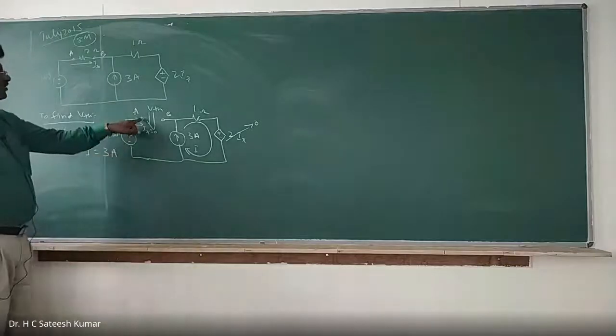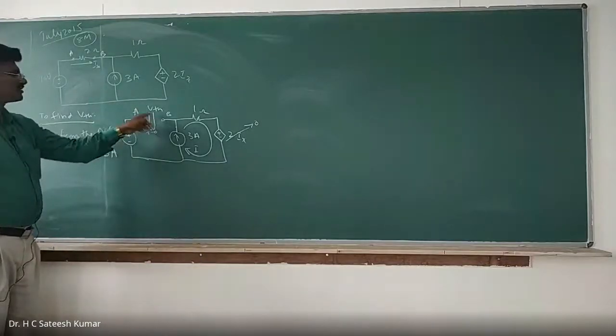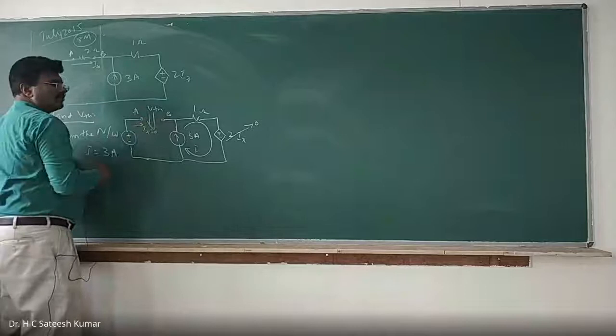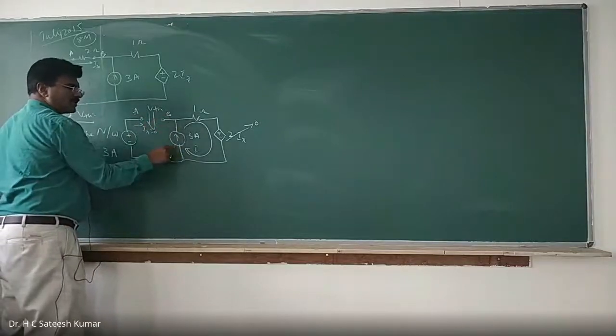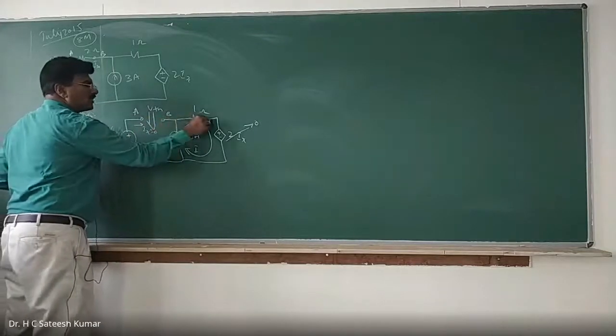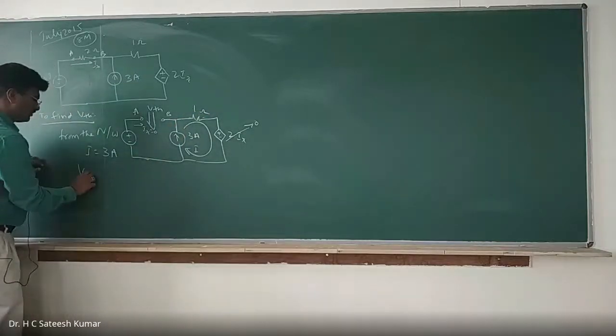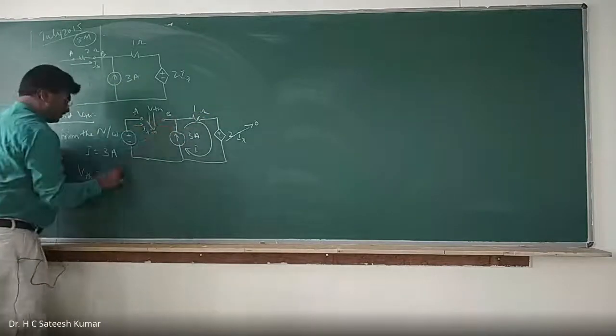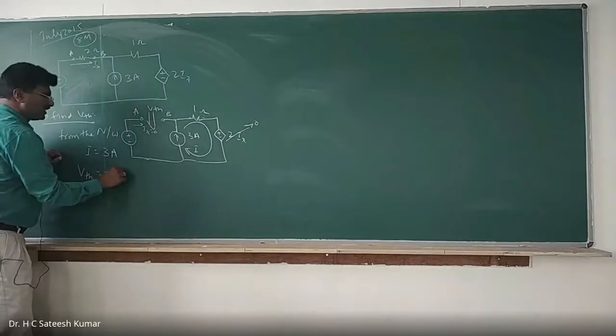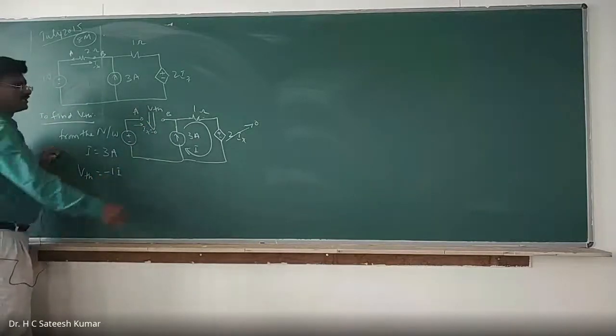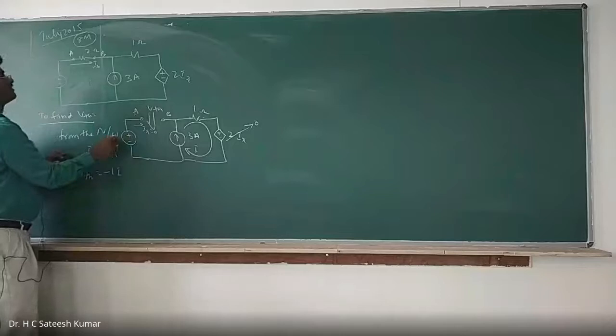Now, I want to find out this voltage. B is the lowest, and you go from here to here. You can go this way, but current source is there, you cannot go. We'll have to go this way. Same direction. VTH is equal to minus 1 into I, plus this one, 10.